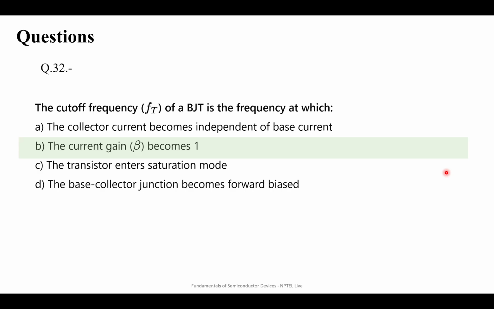The output current will become less than your input current. That means your BJT cannot be operated at a frequency higher than this frequency, and therefore it is called a cutoff frequency.